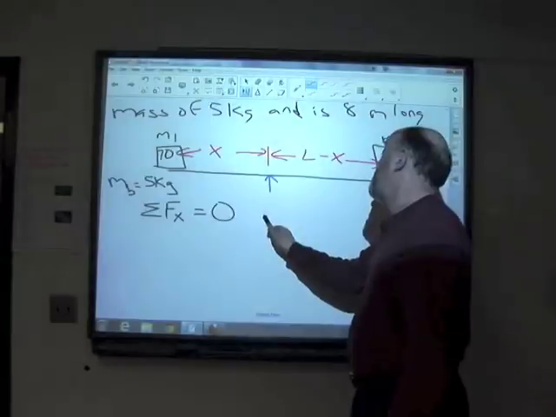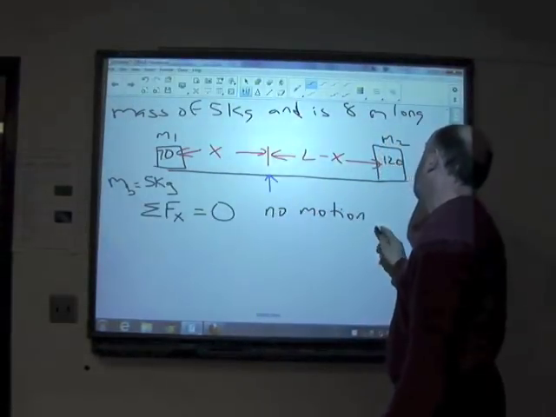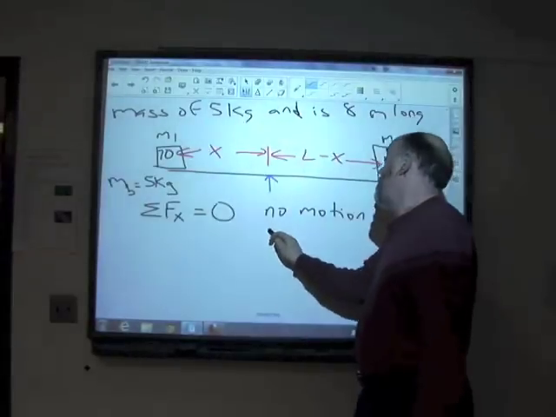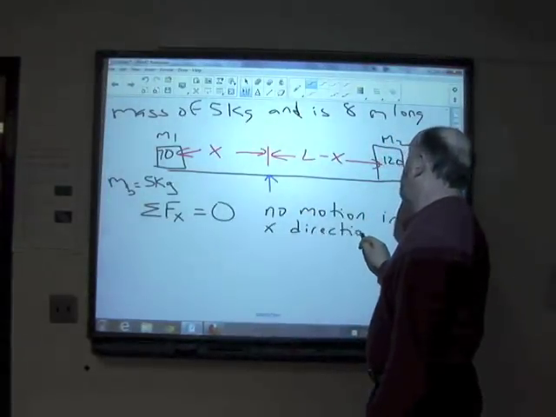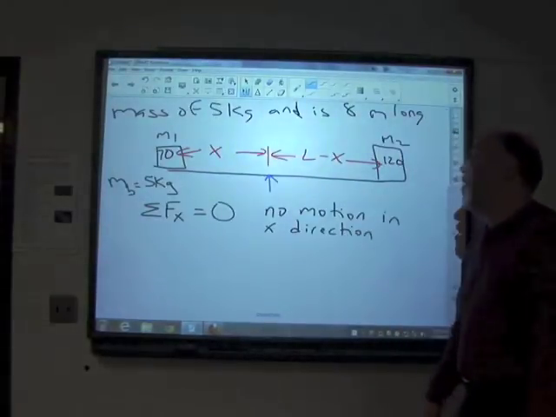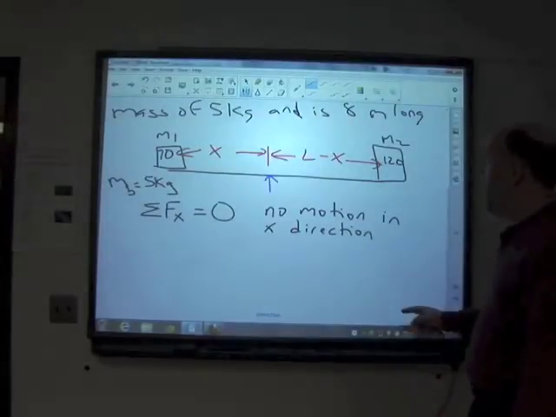So there is no motion in the x direction, and we don't have to worry about this one. There is, however, going to be motion in terms of the y direction and in terms of my torque.